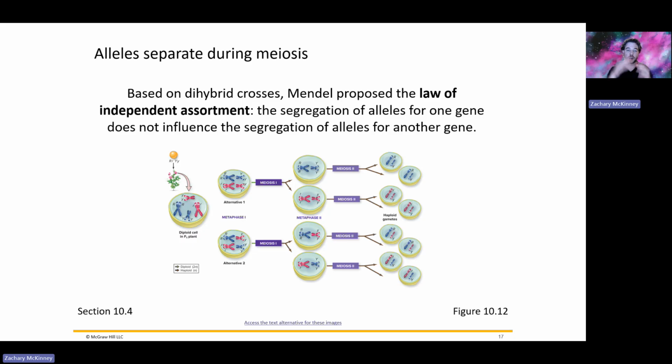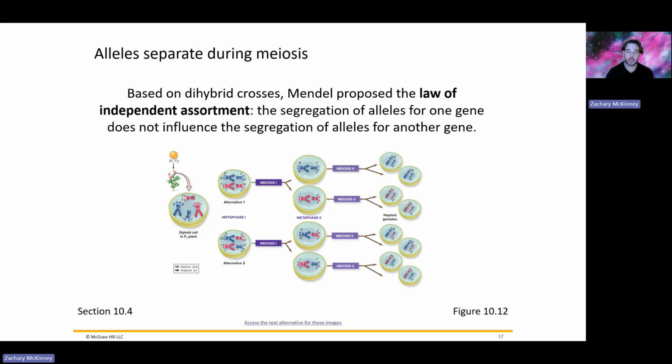During independent assortment, your homologous pairs can line up on either side. You can have a different orientation and different gametes produced, depending on which way your homologous pairs of chromosomes orient themselves. And again, it gets doubled because you have your egg and your sperm both going through that independent assortment.